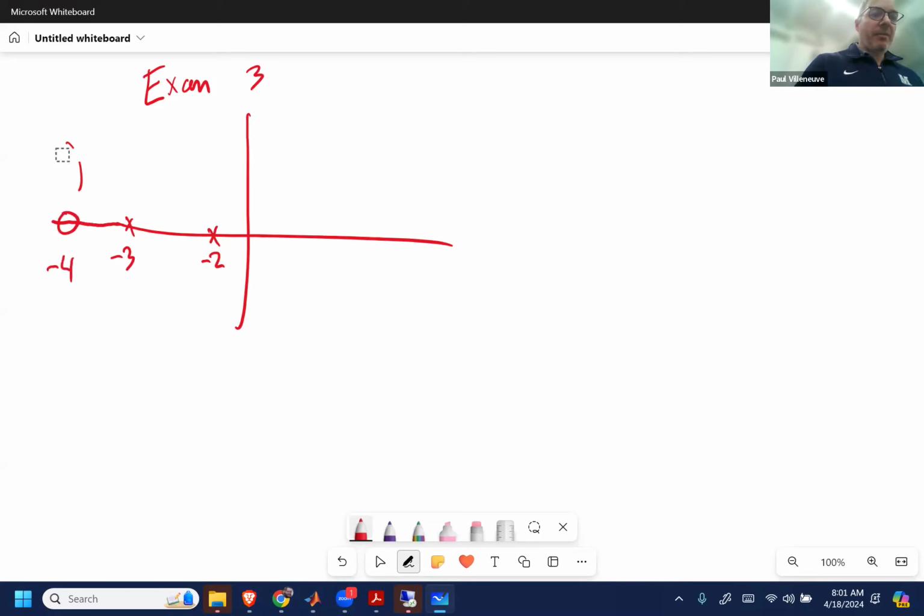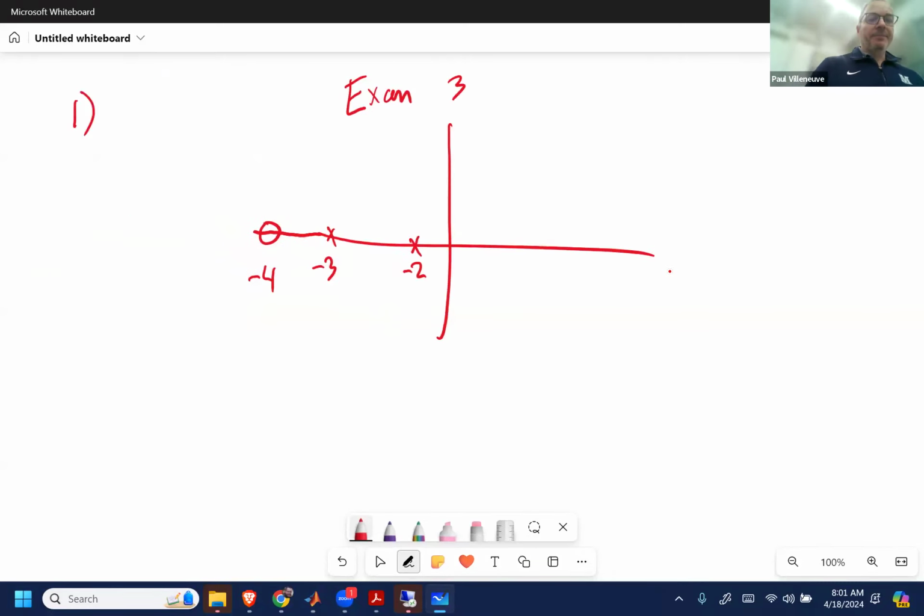Let me move this out of the way a little bit. And then we had the root locus, which you probably could just do on your own, right? You could figure this out on your own. I didn't even have to give you this information. But what we see is root loci start at poles and end at zeros.